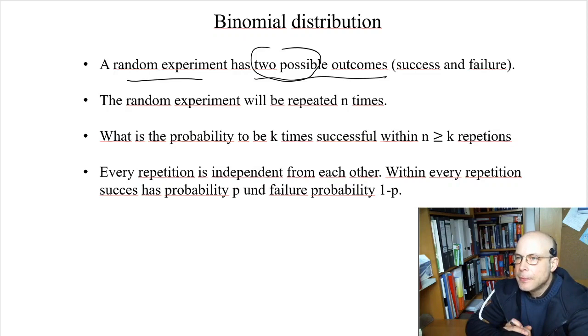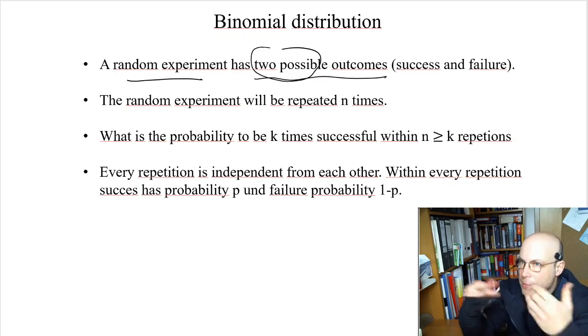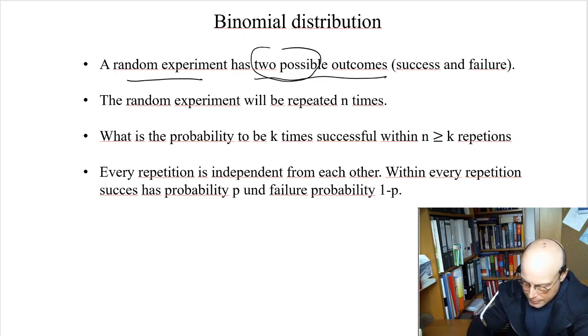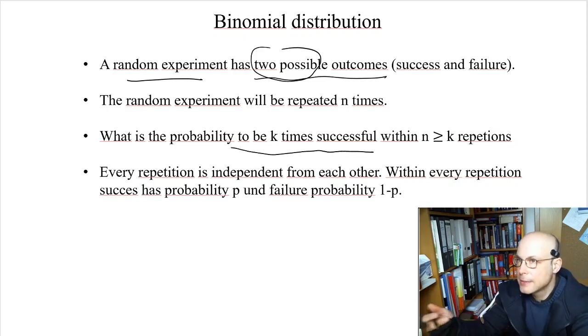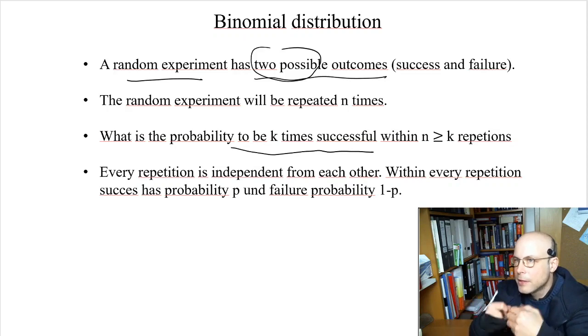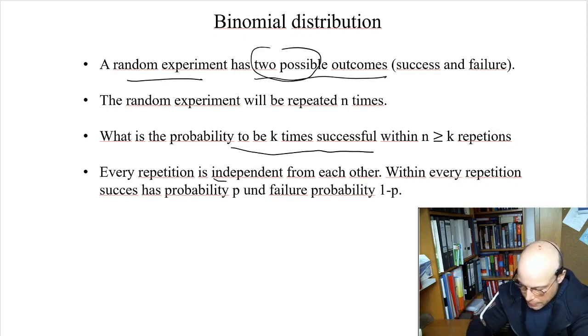So then we ask, if we are flipping our coin, or if we are doing our experiment n times, what is the probability that we have k times a success of the event within n times doing our experiment? Of course, we say that flipping the coin the first time, the second time, the third time, and so on, all these events are independent from each other.